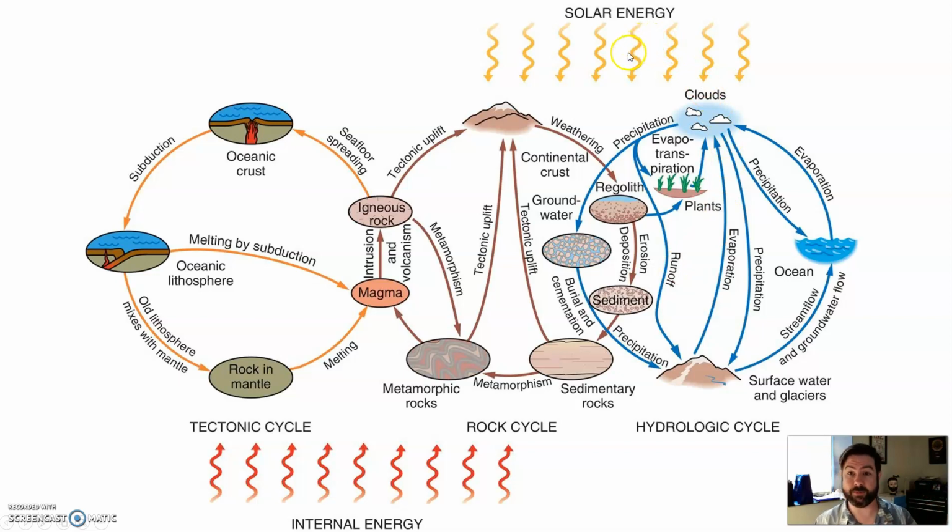So the sun plays a big part in driving geology as well, which helps to drive the water cycle, which helps to drive the rock cycle as well. And then also internal energy from the Earth, left over from the remnants of formation and some other things, helping to drive the tectonic cycle, rock cycle, and interaction with the hydrologic cycle. So it's all connected.